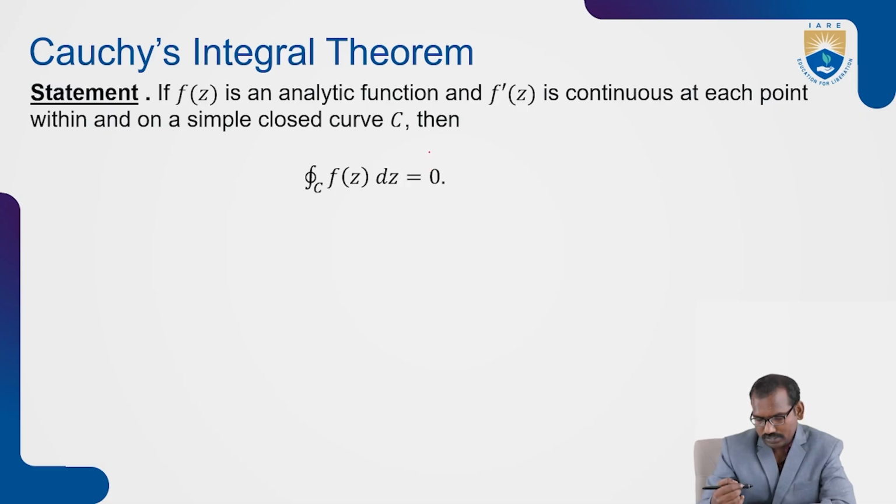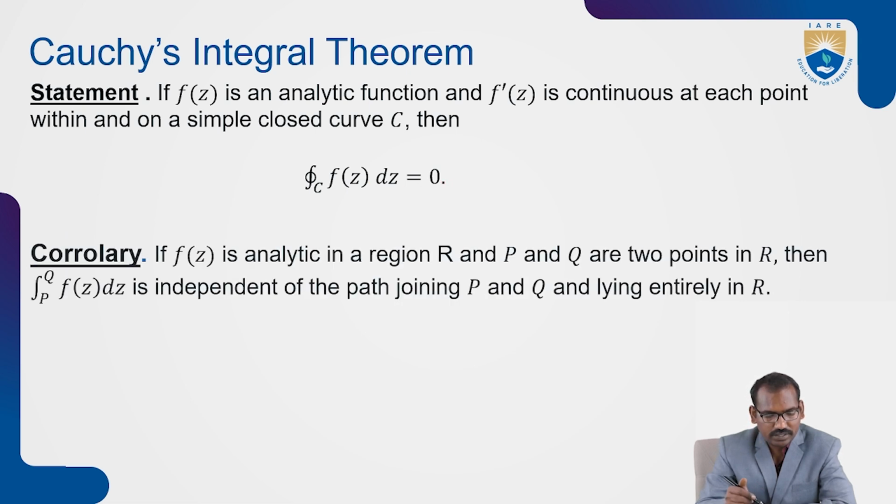So here there is a sufficient condition for an analytic function whose integral along the closed path is 0: the function f(z) should be analytic within and on the closed curve C. In that case, the integral will be 0. This is the theorem statement.